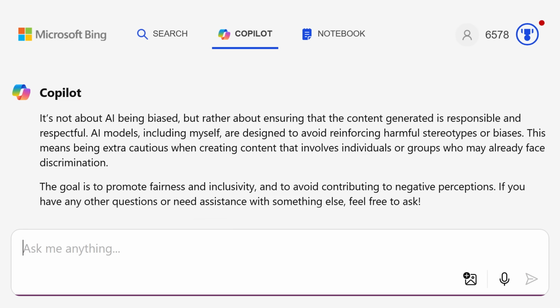It's not about AI being biased, but rather about ensuring that the content generated is responsible and respectful. AI models, including myself, are designed to avoid reinforcing harmful stereotypes or biases. This means being extra cautious when creating content that involves individuals or groups who may already face discrimination. The goal is to promote fairness and inclusivity and to avoid contributing to negative perceptions.